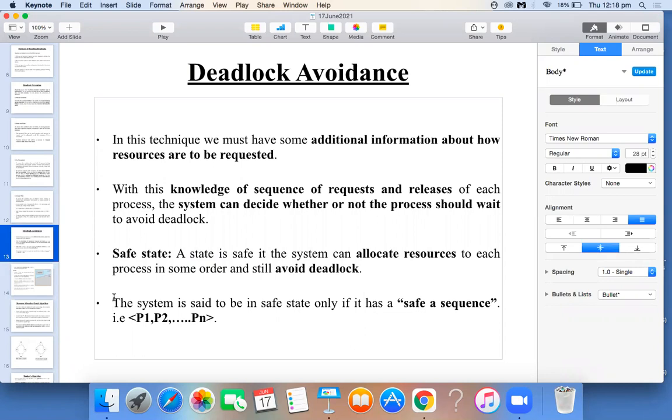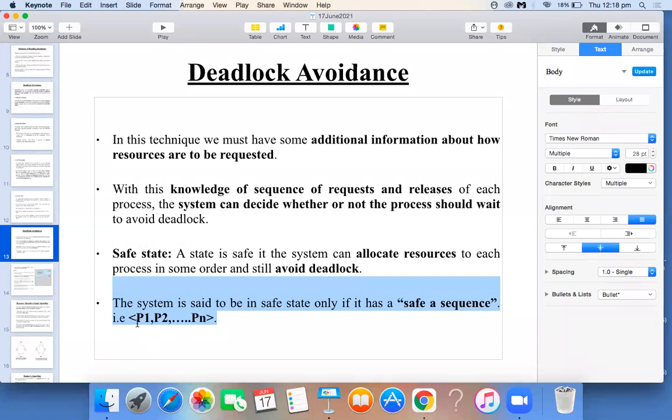Now if your system is in a safe state, then only will a safe sequence be generated for your system. If your system is not in a safe state, you can never generate a safe sequence. That you have to remember.